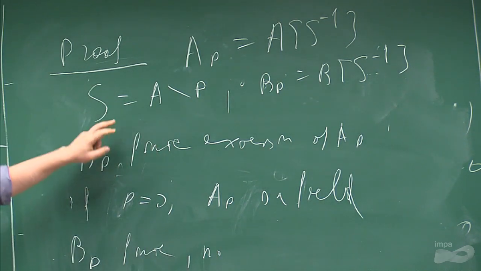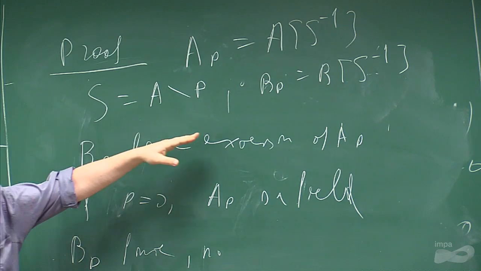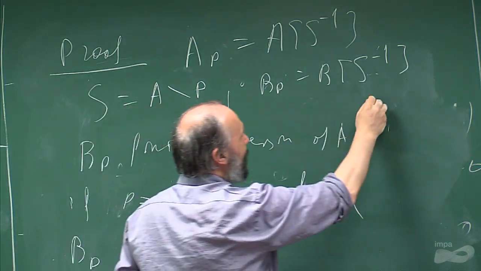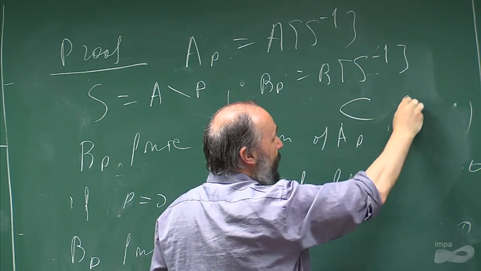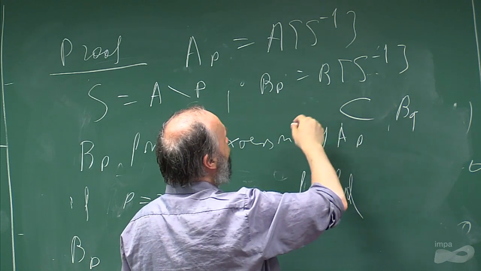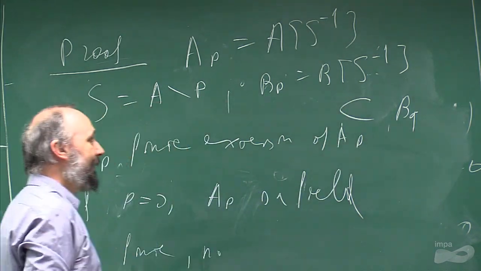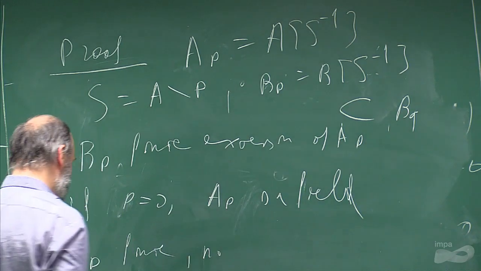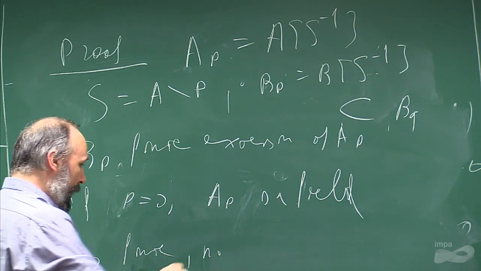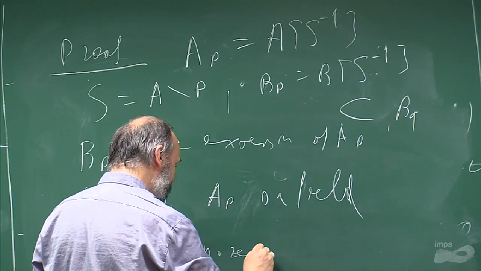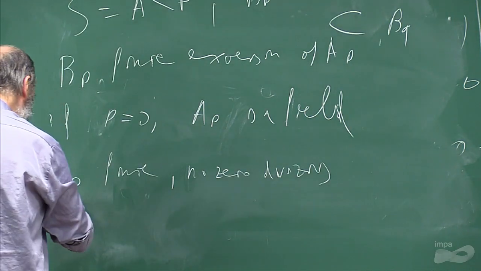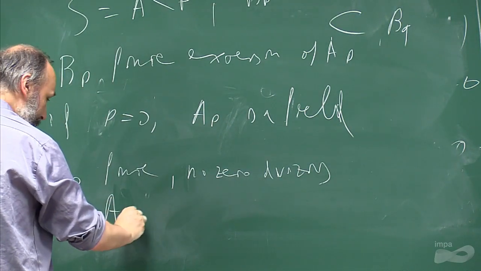It has no zero divisors because you localize over something outside of, it actually belongs, so this is a subring in B_Q, and this contains B. So B sits here. Okay, B_P is finite, with no zero divisors, over A_P, which is a field.